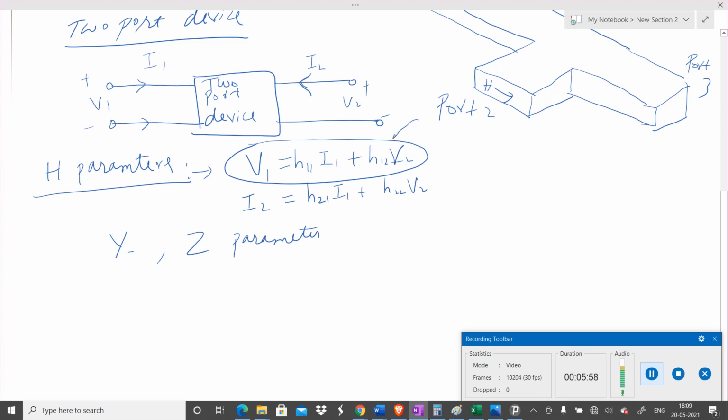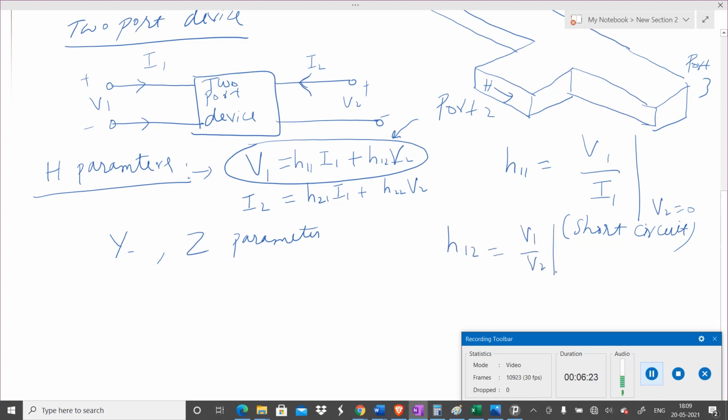So if I put V2 equal to 0, then I get H11 as the ratio of V1 to I1. Putting V2 equal to 0 is equivalent to a short circuit at the output. Similarly, if you want H12, it is V1 by V2 when I1 is 0, and I1 equal to 0 means open circuit.